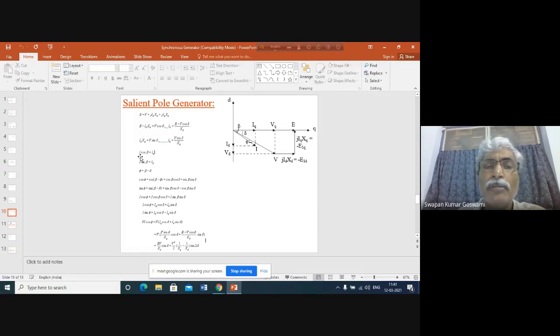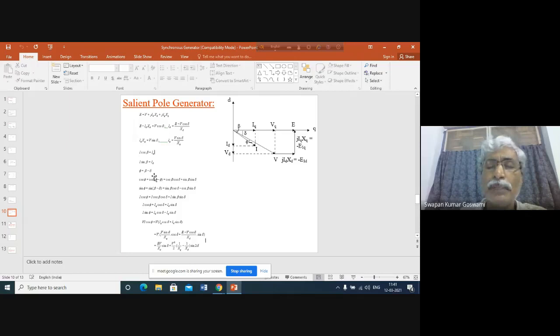Now, what is I cosine beta? I cosine beta is IQ. What is I sine beta? This length is I sine beta, means ID. And what is power factor angle phi? Phi is equal to this total angle beta minus delta.